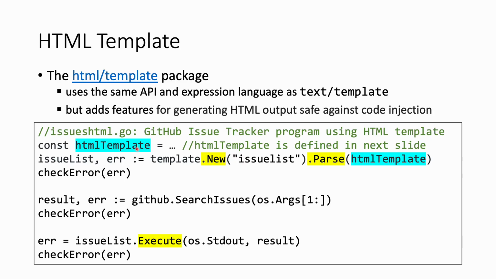In the issues.html.go program, we first have to define an HTML template and store it in a constant string named HTML template.